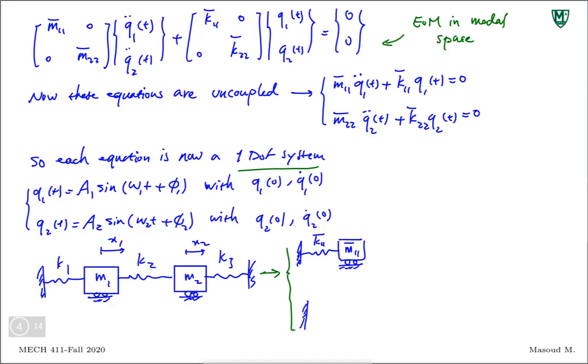This is the second system, K22 bar, M22 bar. So you have now two single degree of freedom systems in modal domain.